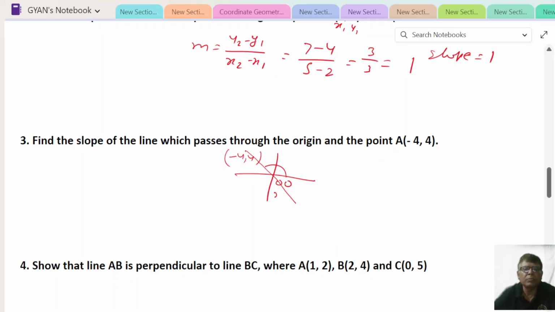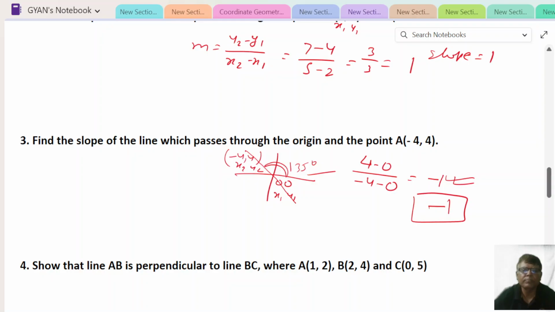Suppose this one you take as (x1, y1), and this as (x2, y2). So (y2 minus y1) by (x2 minus x1) means (4 minus 0) divided by (-4 minus 0). That is equal to minus 1. This is an obtuse angle, which is connected with minus 1. So what will be the angle? 135 degree. It is asking for the slope, so the slope is minus 1. This is the answer.